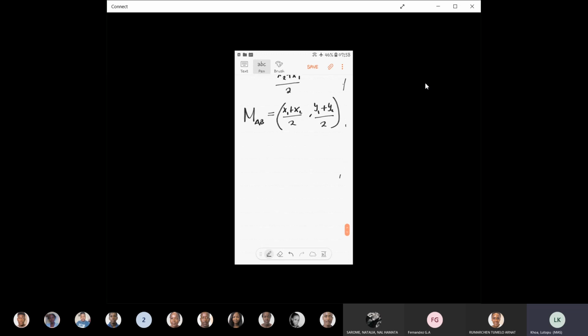Then we can look at an example where we have to find the coordinates of the midpoint. We are given point A is (1, 1) and B is (-5, 7). I want to find the midpoint of A and B. This is just the average of the x coordinates and the average of the y coordinates.